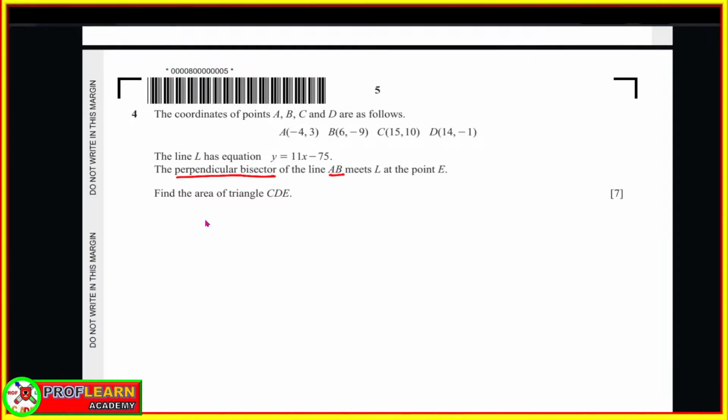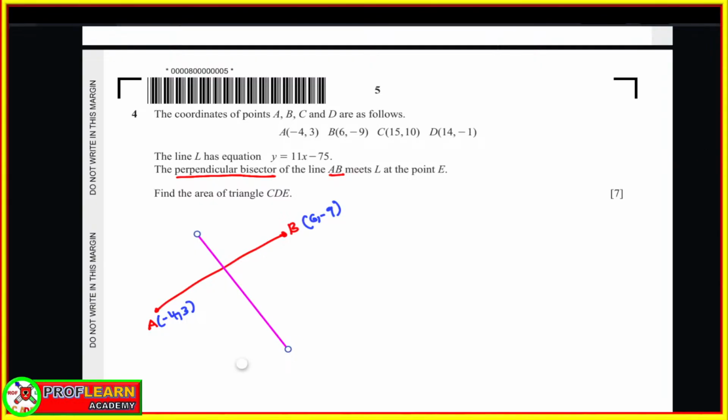If we have a line AB like that, let me use this as my A and this as B. The coordinate for A is negative 4, 3, and the coordinate of B is 6, negative 9. So the perpendicular bisector is a line that runs like that.